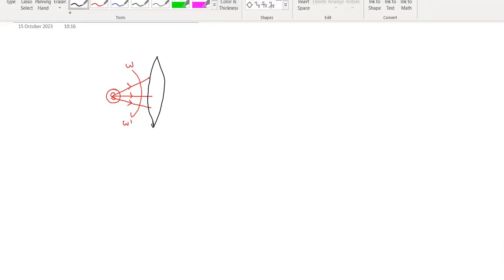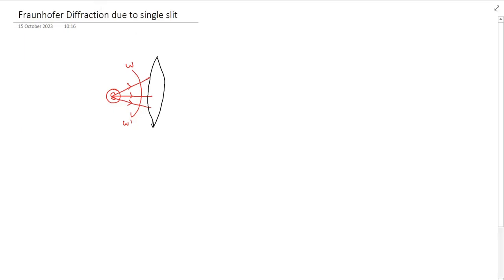This double convex lens is going to make them into a parallel beam of light, a collimated beam. Now wavelet W' changed into a plane wave.